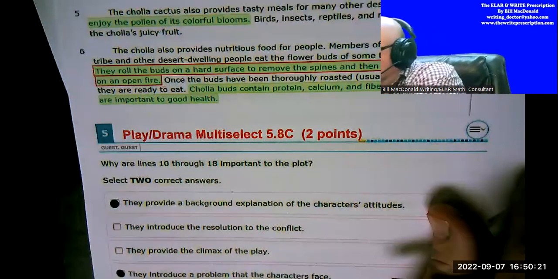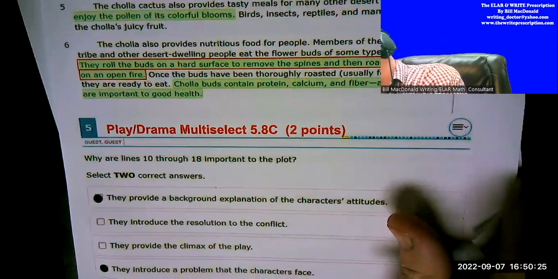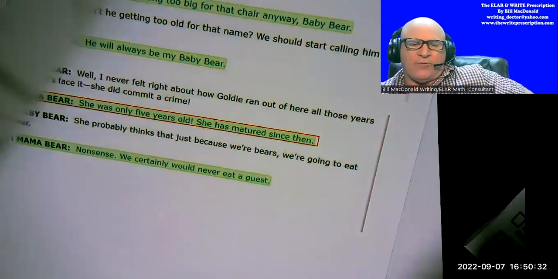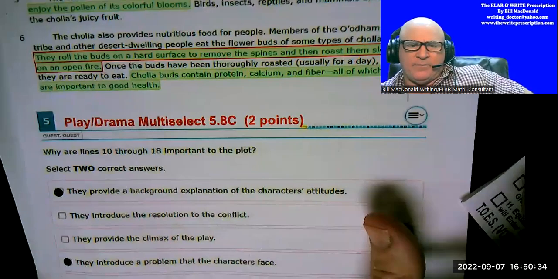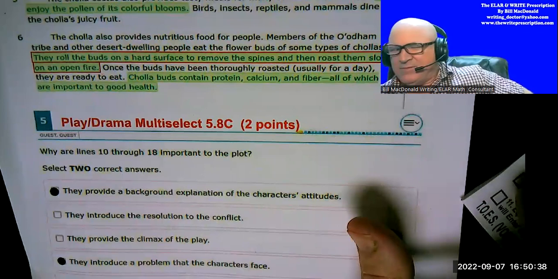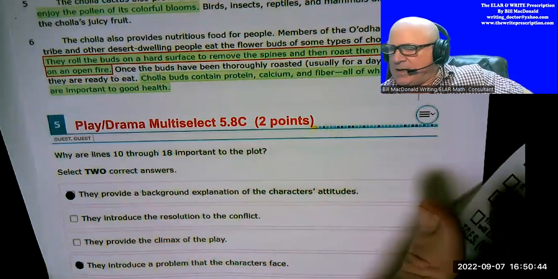If I'm not mistaken, let me double check to be sure. The rest of these questions are all from a play, a drama that I've included on pages, I believe, 7 and 8. Why are lines 10 through 18 important to the plot?